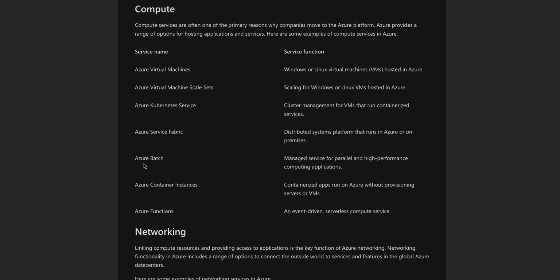Then Azure Batch, a managed service for parallel and high performance computing applications.